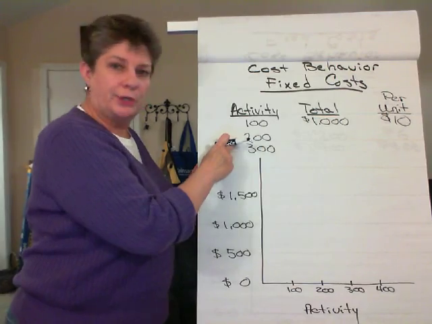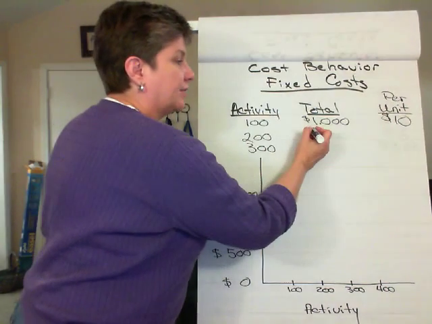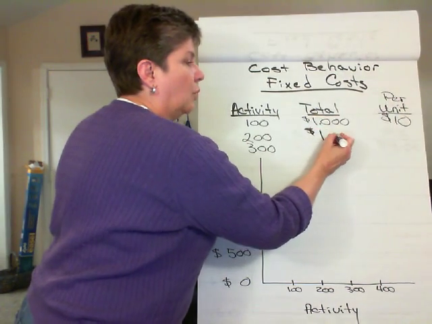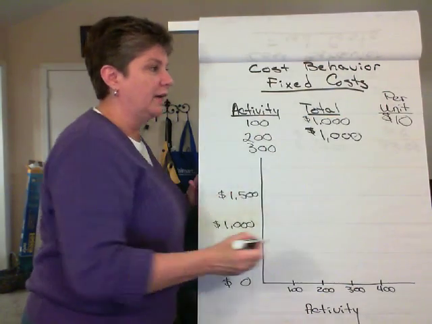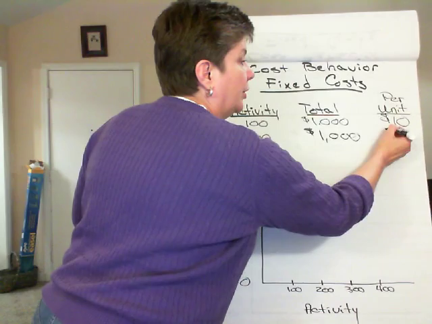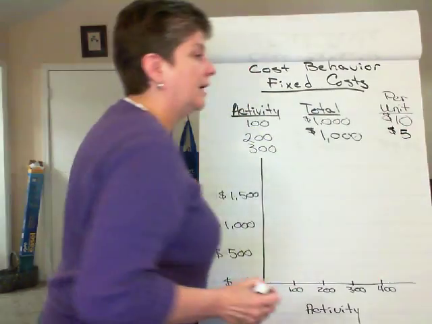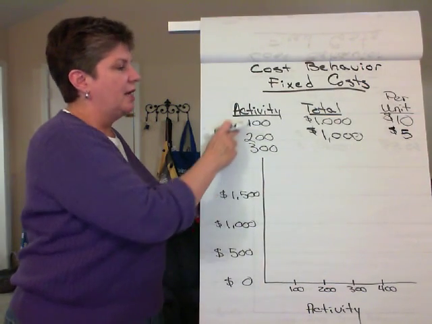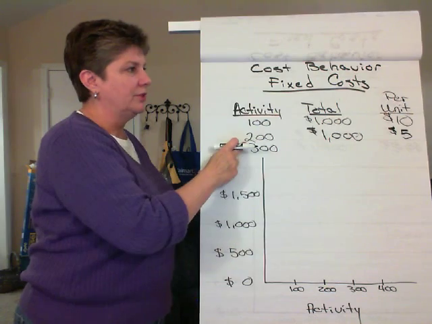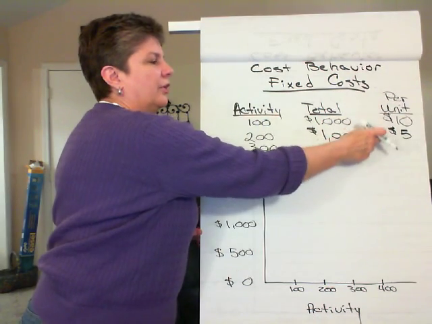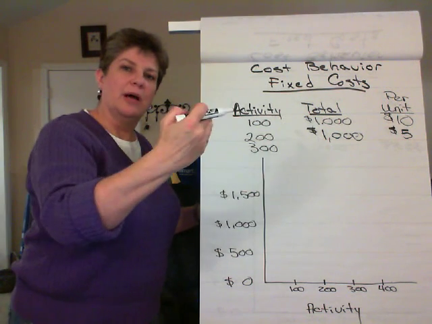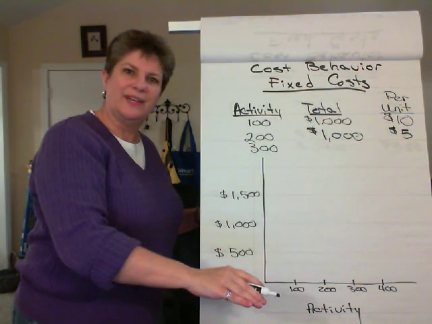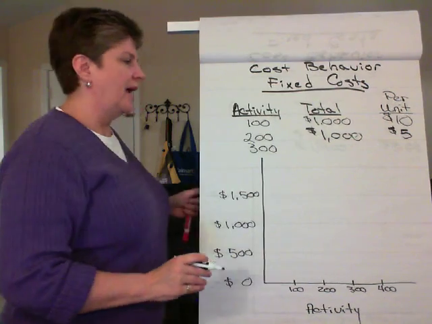So if we produce 200 units, well, our fixed cost is still going to be $1,000. But again, 1,000 divided by 200, our per unit cost goes down to $5 per unit. So here, production doubled, and our per unit cost went down by 1/2. So if production doubles, our per unit cost is halved, reduced by 1/2.